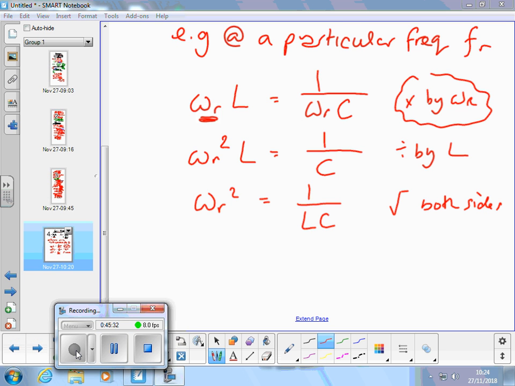So we end up with omega R is equal to the square root of 1 over LC. We don't need the square root of 1, the square root of 1 is 1, so 1 over root LC. So that's in omega form.